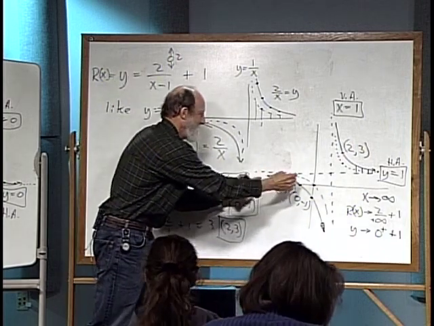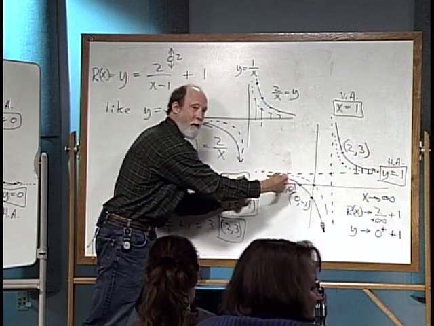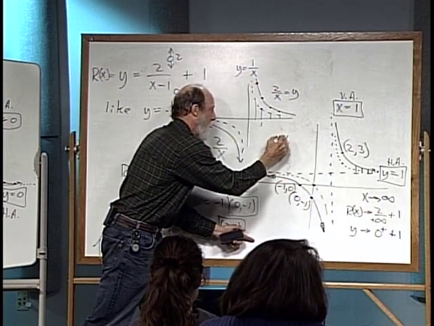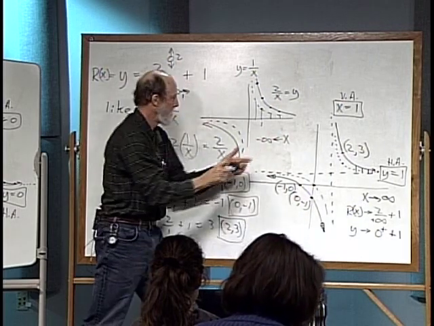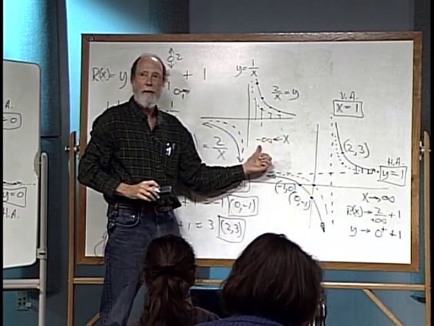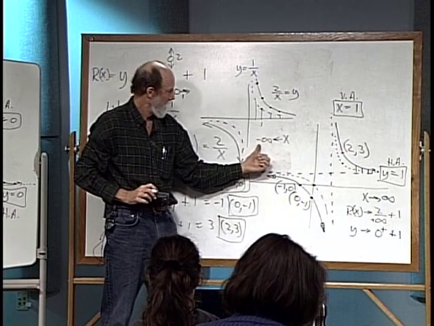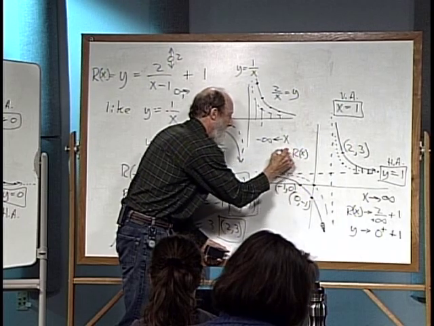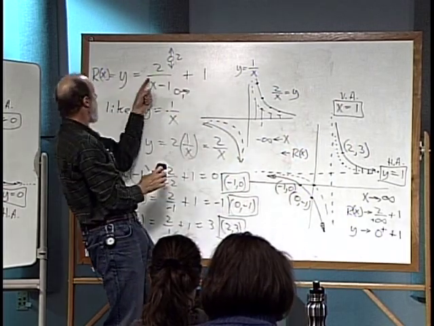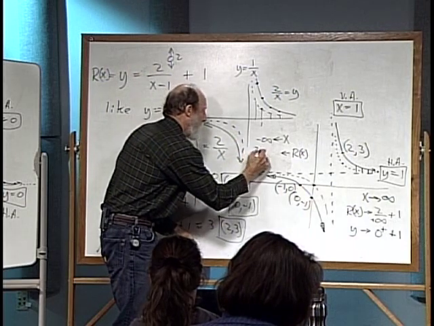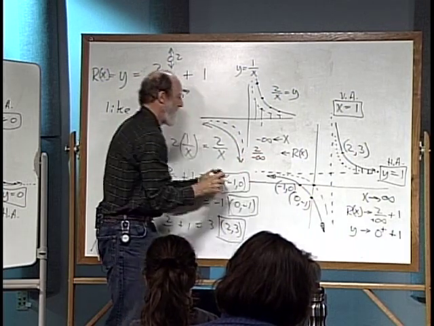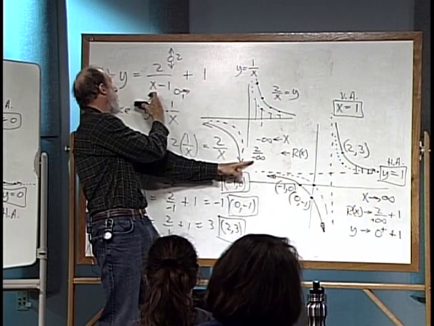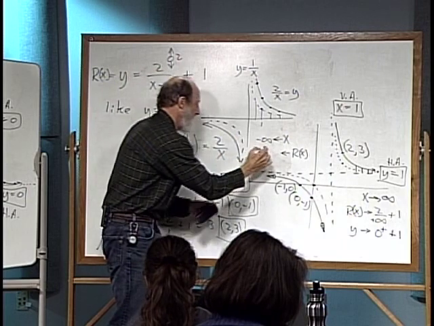Okay. Now, as we go off to the left here, let's do it similar to what I mentioned earlier. As we let x approach negative infinity, going to the left, then let's see what happens to r of x. We have 2 over a large negative number, plus 1.